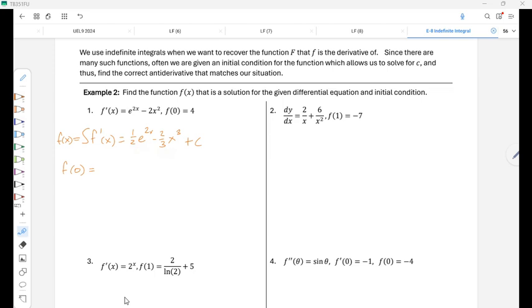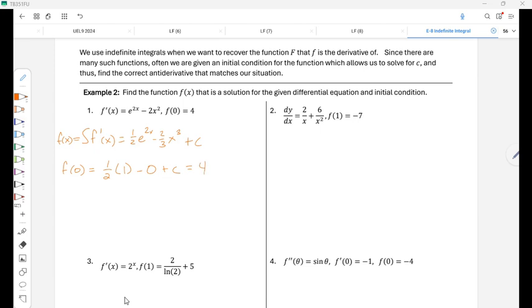So 1/2 e to the 0 is 1, minus 2/3 of 0 cubed is 0, plus c. So we know that the f of 0 equals that by plugging 0 in. We also know that the f of 0 equals 4.